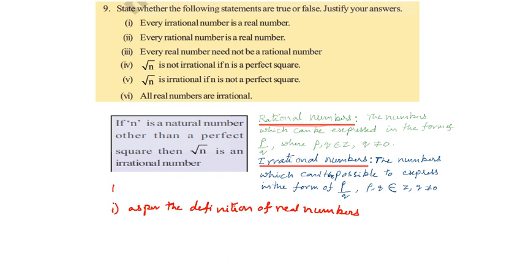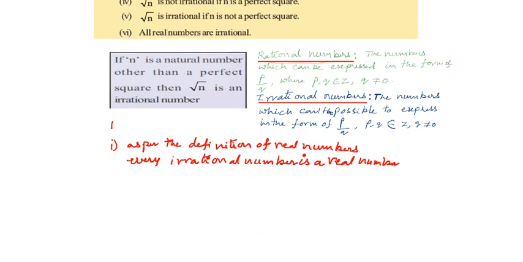Every irrational number is a real number. That means statement 1, what do you say about the statement 1? It is a true statement. So hence you write here true. If you write here true, after that you write the justification.